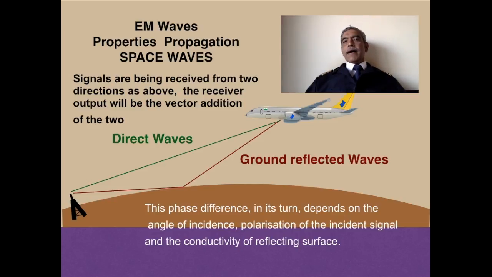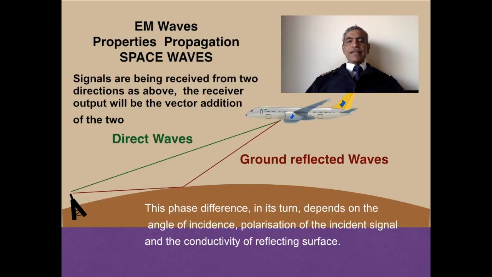If they are in the same phase, they get added together, and it enhances the signal strength. Whereas if they are out of phase and cancel each other out, the signal strength fades away, or at some points you don't have reception whatsoever.